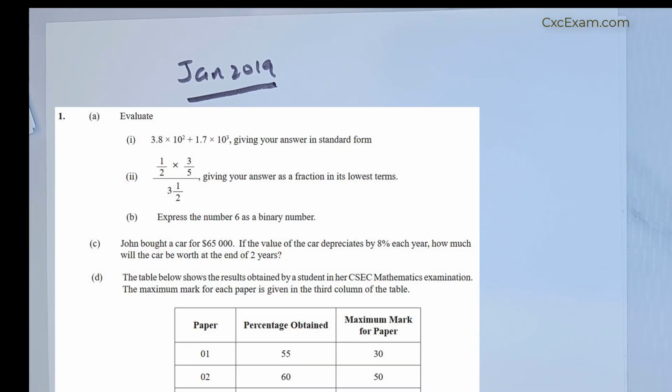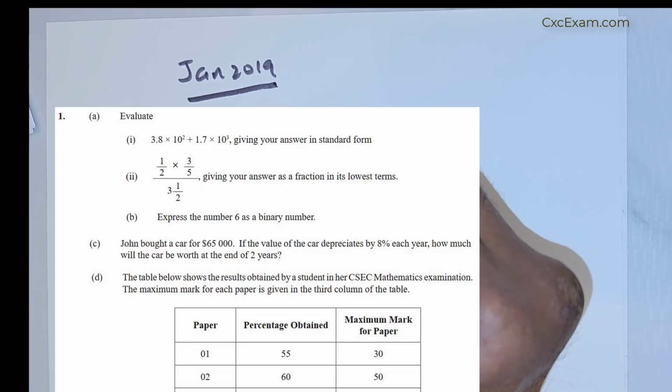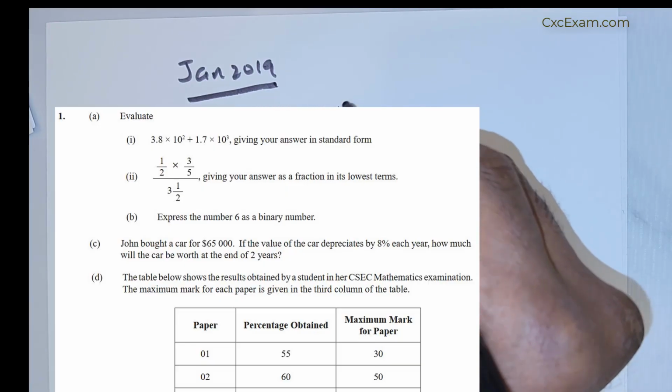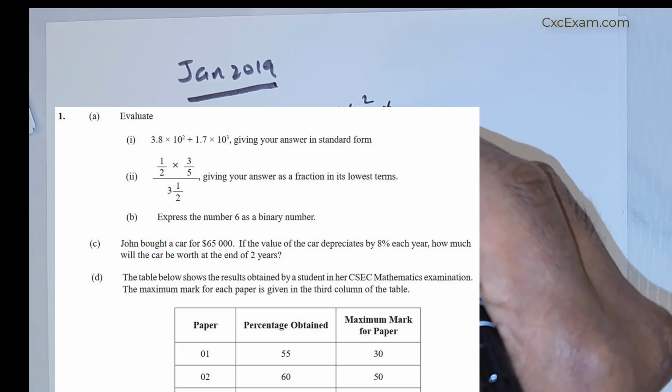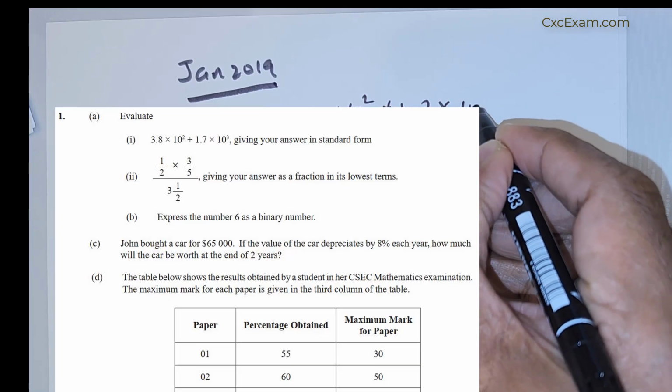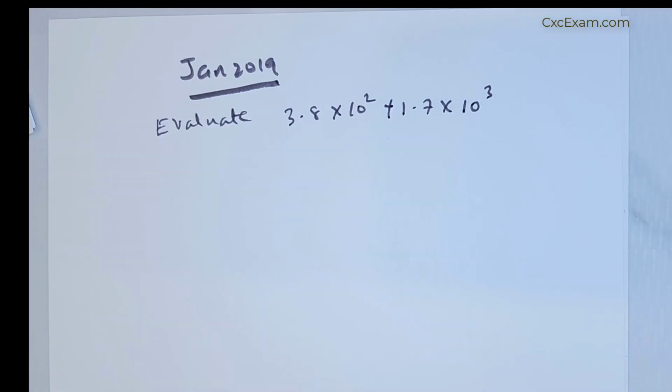We are expected to evaluate 3.8 times 10 squared plus 1.7 times 10 raised to the power of 3, giving your result in standard form.